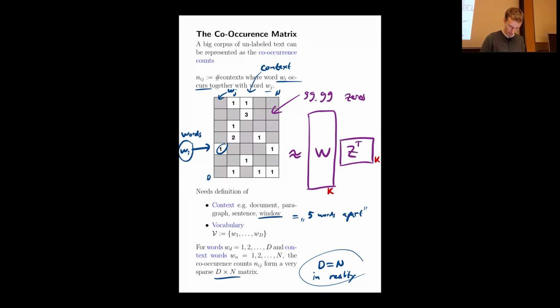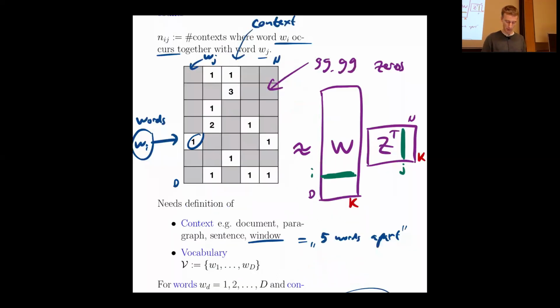This was d times n, right? And so what's the point? It is exactly the same as in a recommender system. You take the vector of word i times the vector of word j. Here is i, here is j, they get multiplied. When you take the inner product of these two, that's the entry ij, that's this entry we have here. Hopefully that entry will be similar to the score from the matrix.